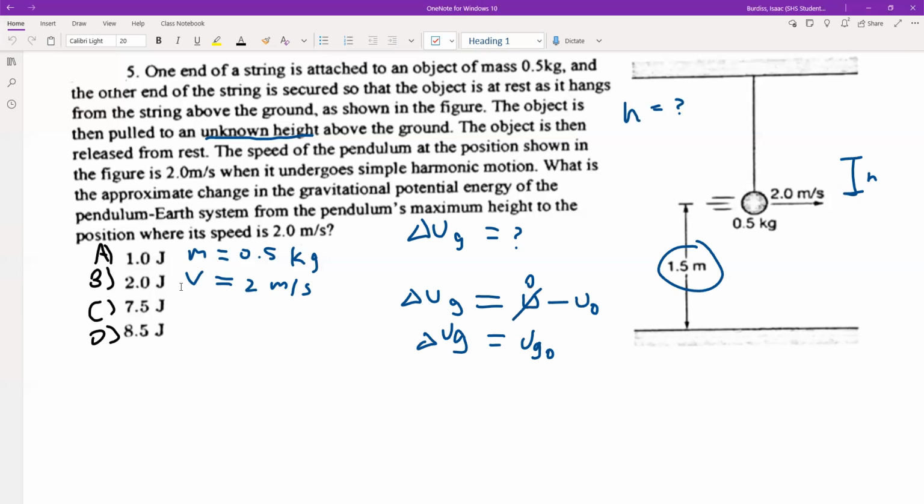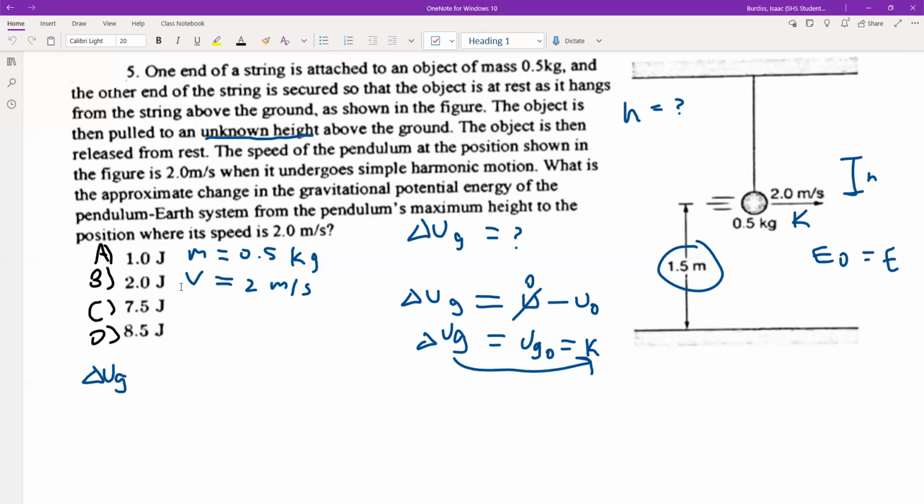But using conservation of energy, we know that that would have to equal the final energy, and the final energy is kinetic. That's just using this equation. So we then know that the initial potential energy is equal to the final kinetic energy, which is also equal to the change in gravitational potential energy.